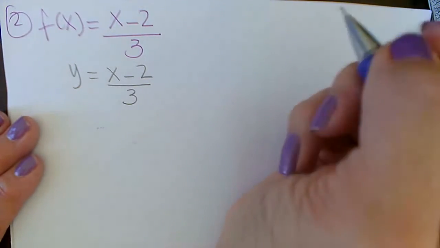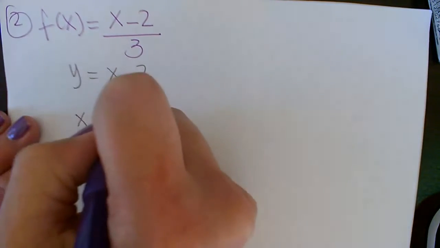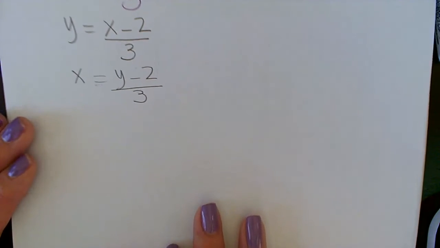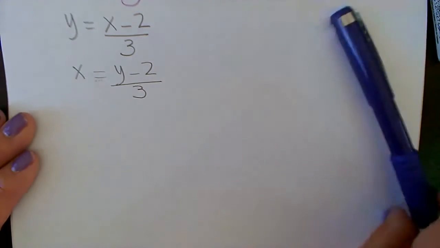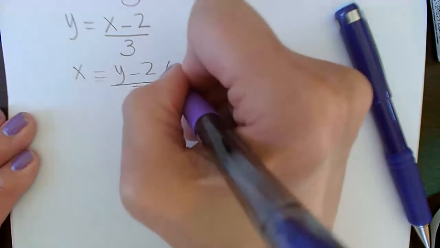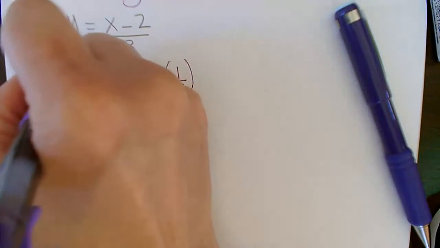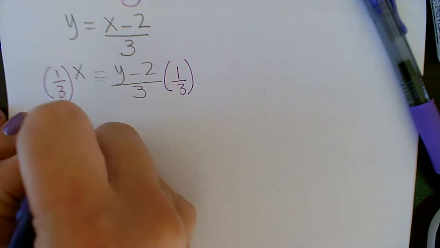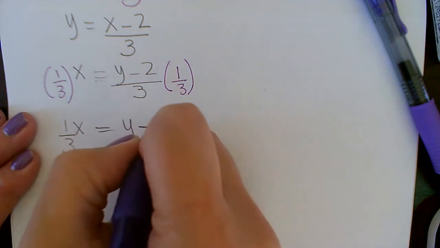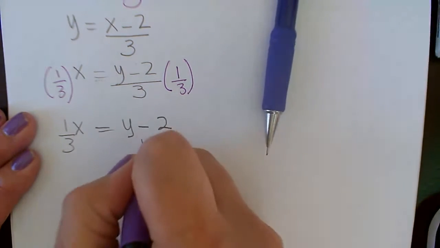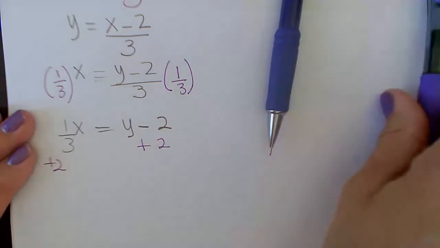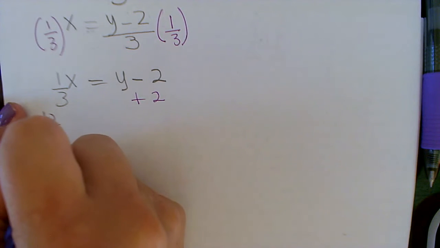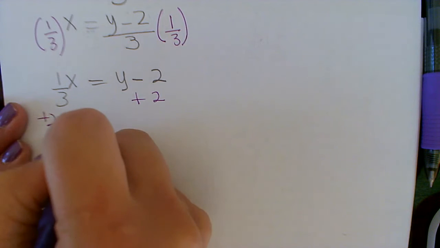Second, interchange x and y. Third, solve for y. So in order to solve for y, I need to multiply by the reciprocal on both sides. So this is going to be 1/3 x equals y minus 2. I'm going to add 2 on both sides. So what I get here is 1/3 x plus 2.